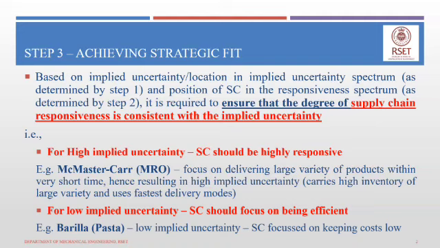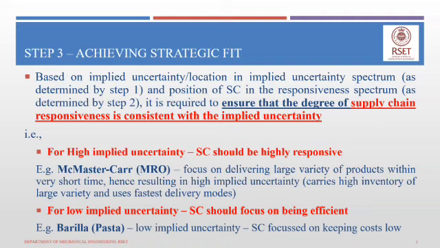So they make their supply chain responsive. Since the company as a whole is facing a high implied uncertainty condition, they are forced to make their supply chain responsive so that there is strategic fit. And in achieving this strategic fit, they do this by carrying high levels of inventory of a larger variety of products and also using a fast mode of delivery.